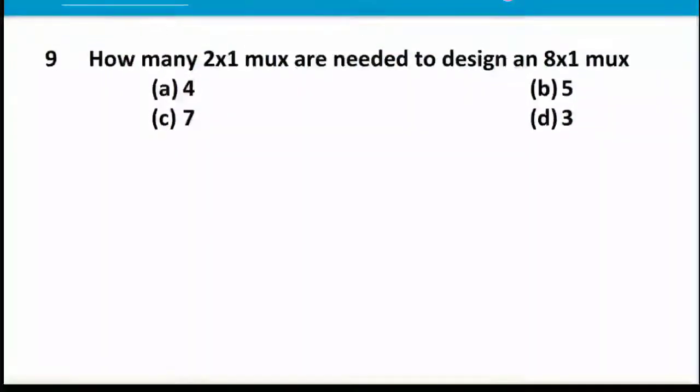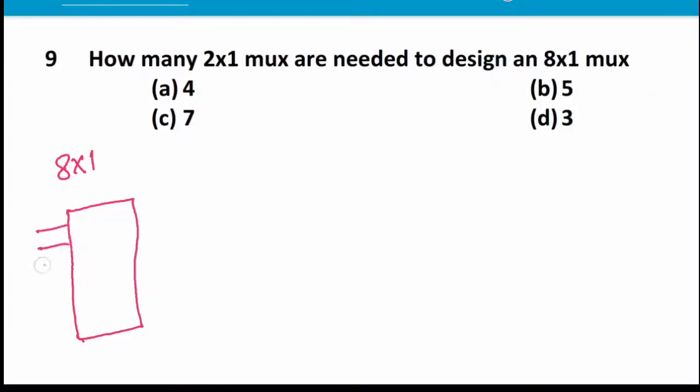In case of an 8x1 MUX or multiplexer, there are 8 inputs, 1 2 3 4 5 6 7 and 8, 1 output and 3 selection lines, because 2 to the power 3 cross 1, 3 selection lines. So here we need 8 inputs, and here given is a 2x1 MUX.